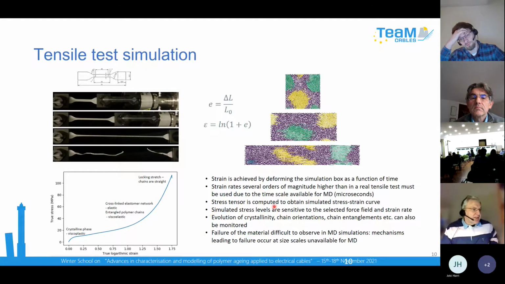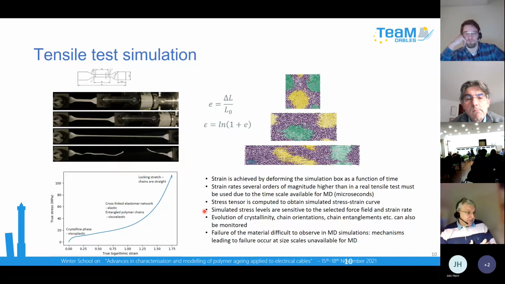So the stress tensor is computed from the simulation, and it's a straightforward thing to do to obtain the stress-strain curve. We observe that the simulated stress levels are sensitive to the selected force field and the very, very high strain rate that we are forced to use. And we can also observe the evolution of crystallinity, chain orientations, chain entanglements, and so forth during the pulling of this simulation box.